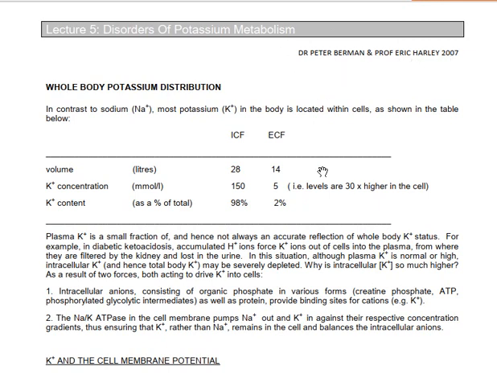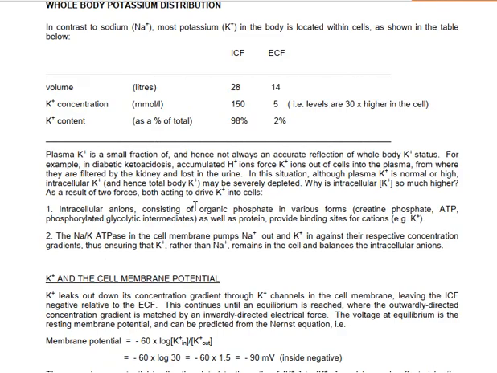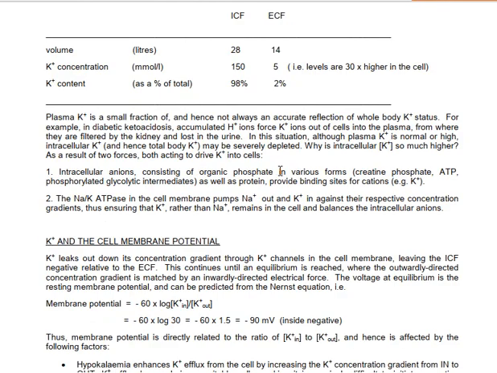We continue with this tutorial by explaining that the plasma potassium ion level is highly maintained. The plasma potassium level is also a reflection of the whole body potassium status. Is it clear? Like in the case of diabetic acidosis, where you have accumulated hydrogen ions that force the potassium ion out of the cell.